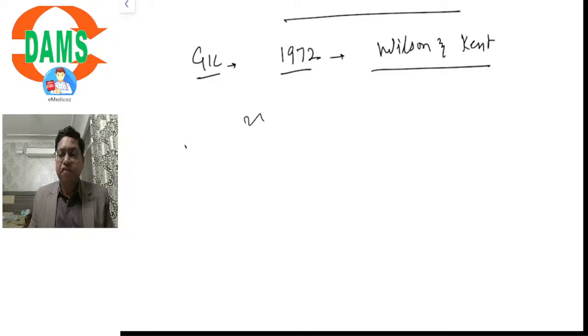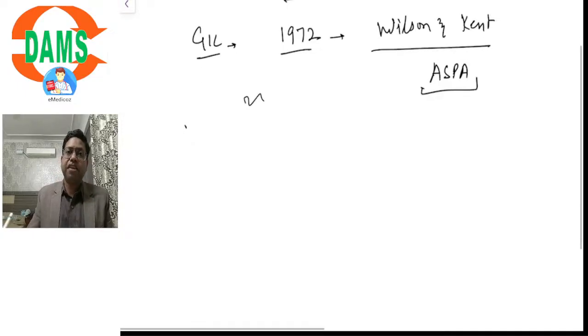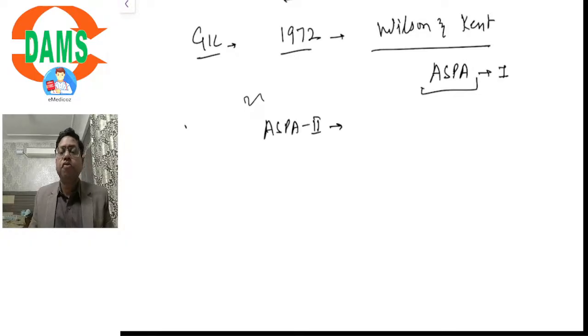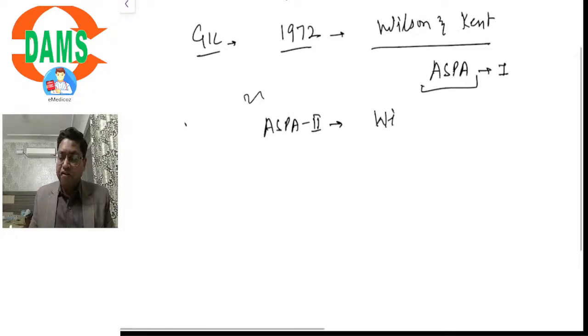The initial composition of the cement was called ESPA, that is aluminosilicate polyacrylate. The first cement developed by Wilson and Kent was designated ESPA-1, because it is a combination of various calcium, aluminium, and silica salts. Then came ESPA-2, developed by Wilson and Crisp in the same year, 1972.